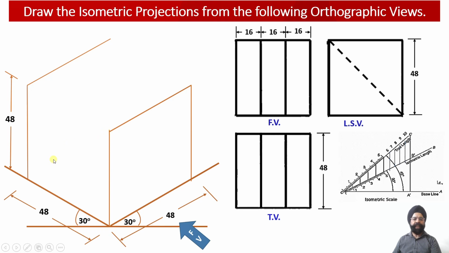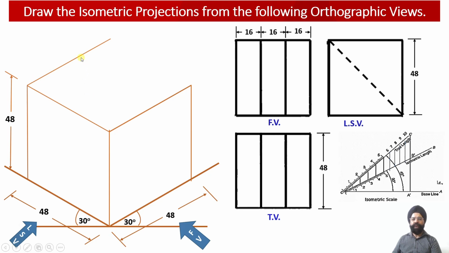Now in order to complete the left hand side face, we have to draw an isometric edge parallel to the y-axis measuring 48 millimeter, and another isometric edge parallel to the x-axis. Again this edge will be measuring 48 millimeter. So the left hand side face of the solid has been completed. Now we need to complete the top face of the solid. The top face of the solid is again a square shaped surface having the dimensions 48 millimeter by 48 millimeter.